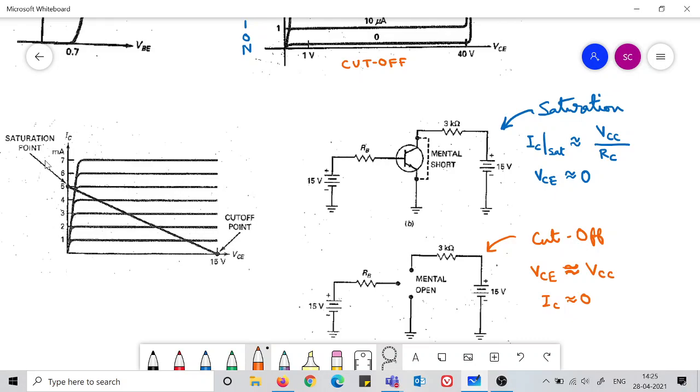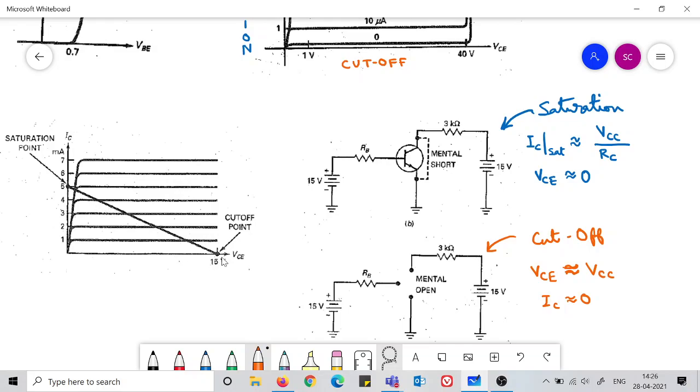We have found the saturation point: 5 milliampere, and VCE is 0. Though you should keep in mind these are approximations, they are quite valid approximations.